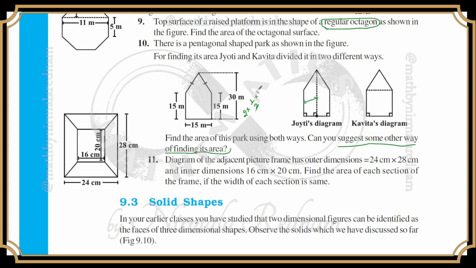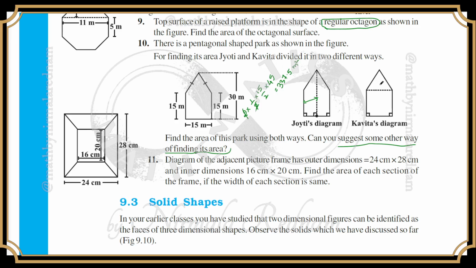So that is 15 by 2. A plus B. A is 15, B is 30. So the sum is 45, right? So this will give me 675 by 2, which is nothing but 337.5, right? So that is the area.